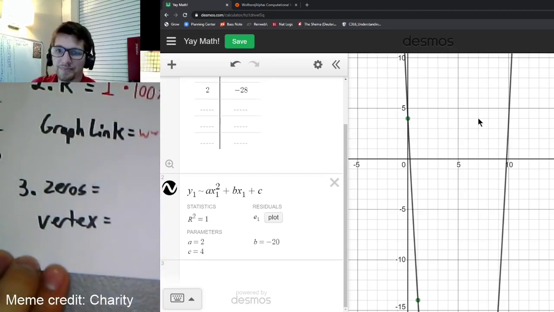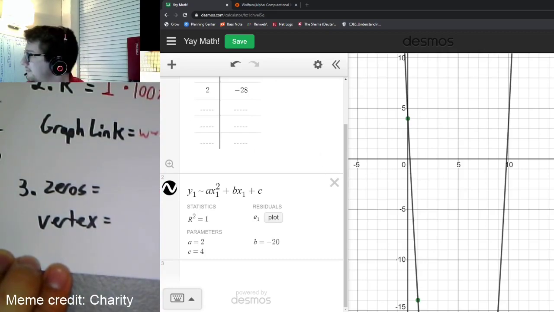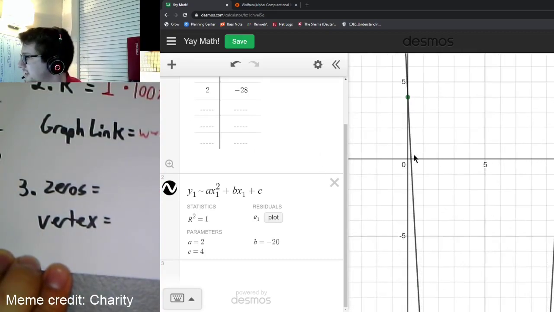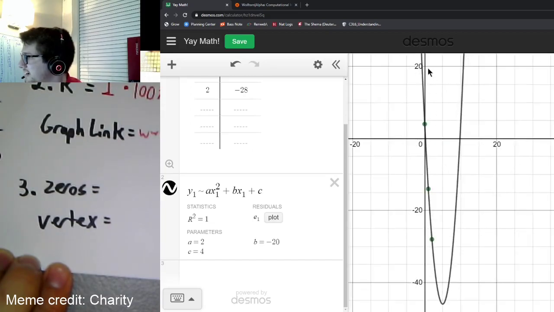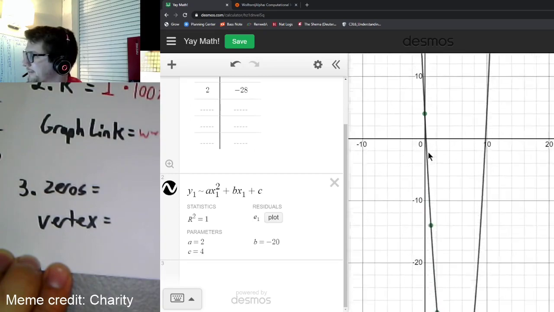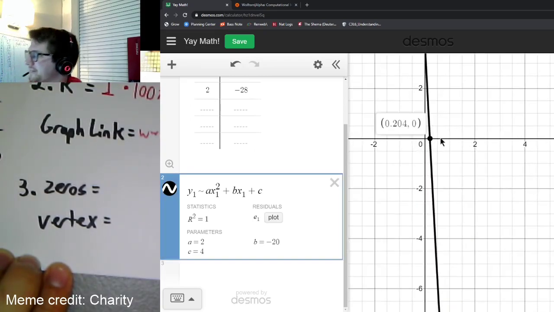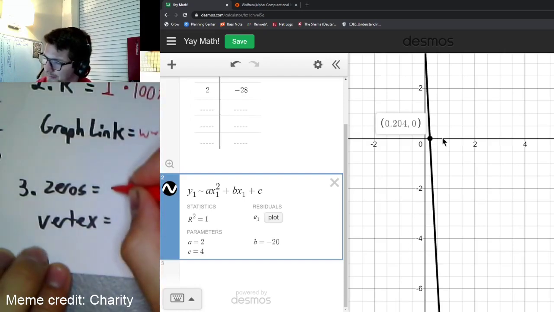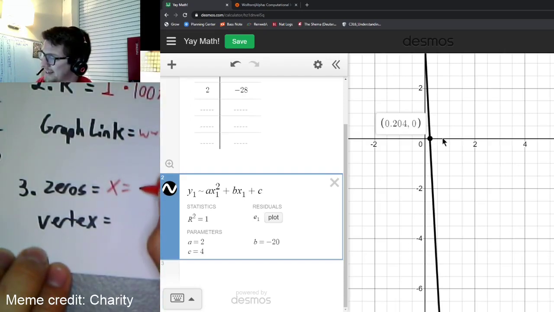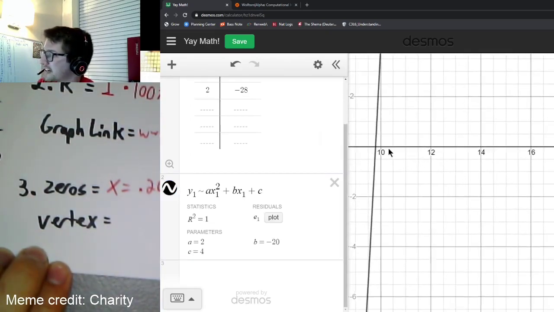My zeros. If you go on your graph and you zoom in on where it hits the graph, so if I look, it goes bam, hits it there, and bam, it hits it there. So I'm going to click where it hits it on the left. And it looks like that zero is where my x is 0.204. And it hits it again over here.